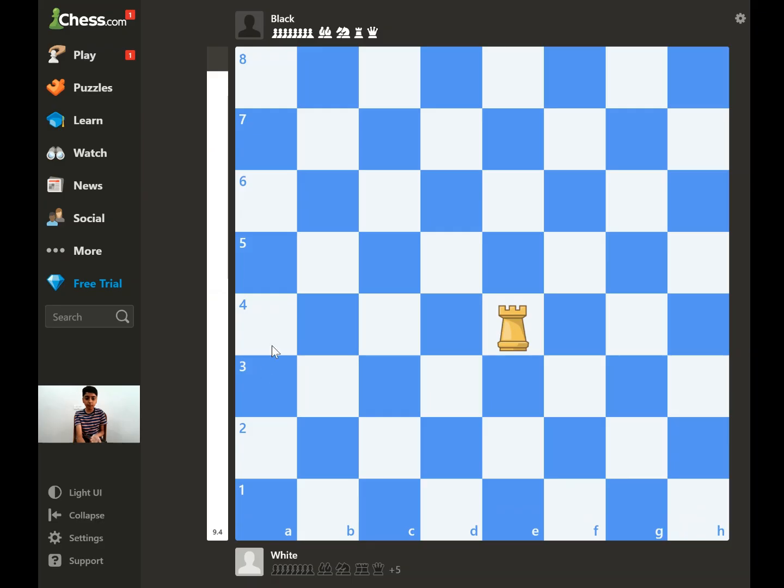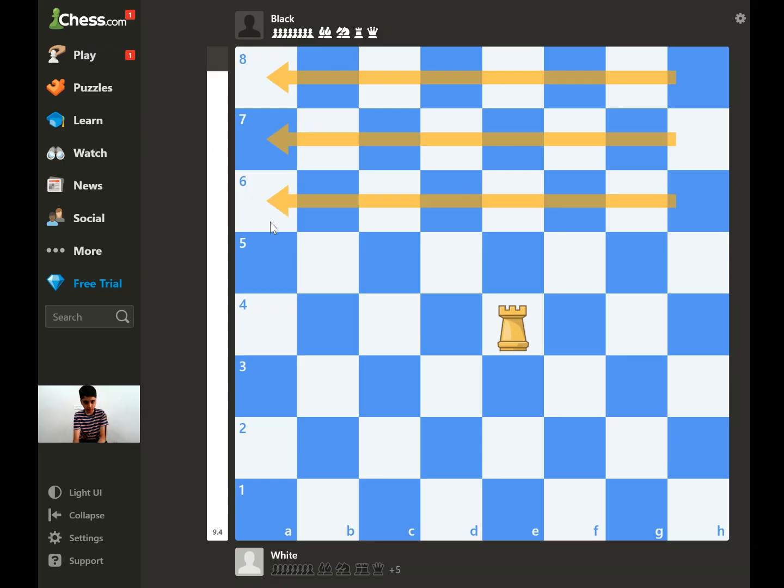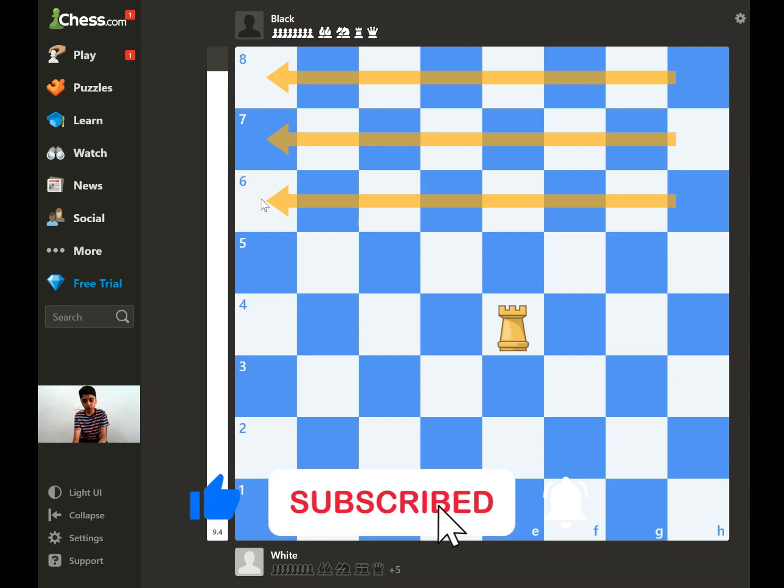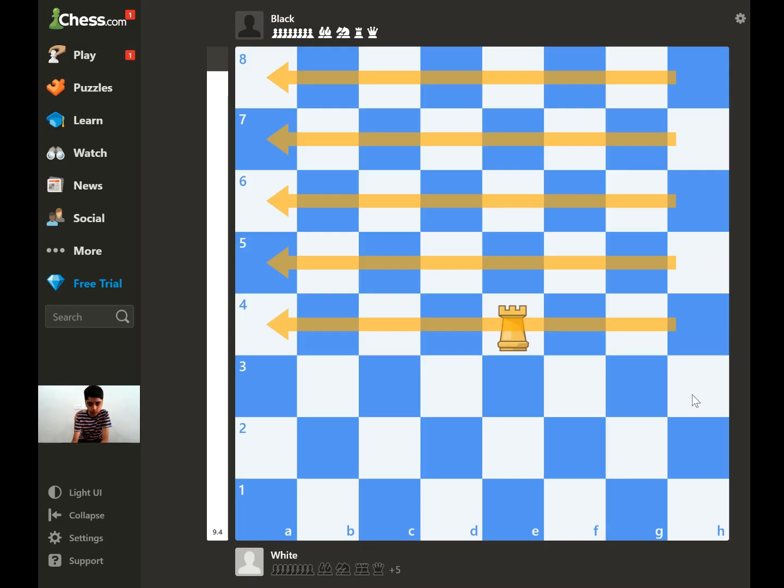What are these letters and numbers actually? These numbers range from 1 to 8, coming all the way down through 5, 4, 3, 2, and 1.